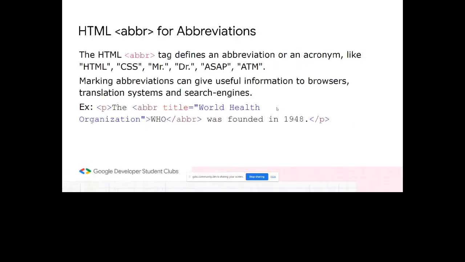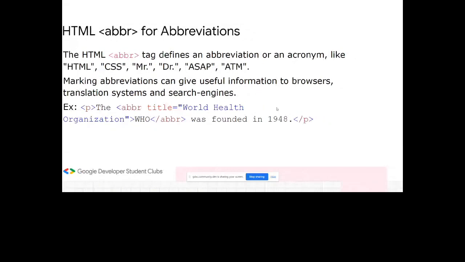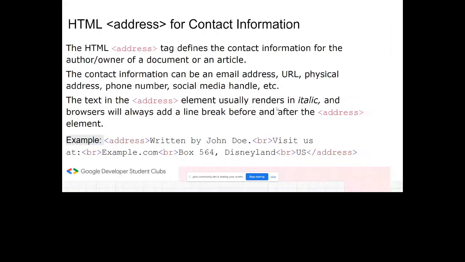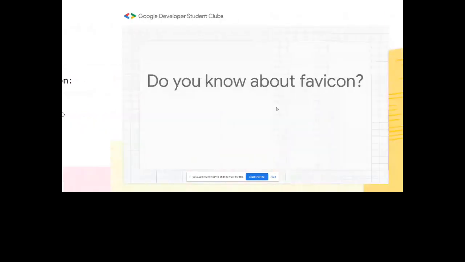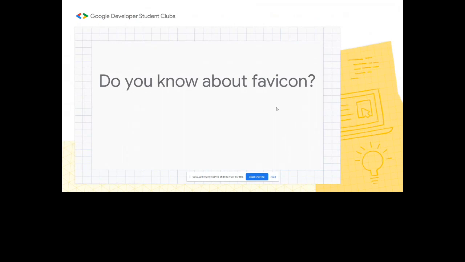After that, we discussed some abbreviation tags, the address tag to represent contact, the BDO tag for representing content in reverse order, and we even discussed favicons, which most of you are not familiar with.